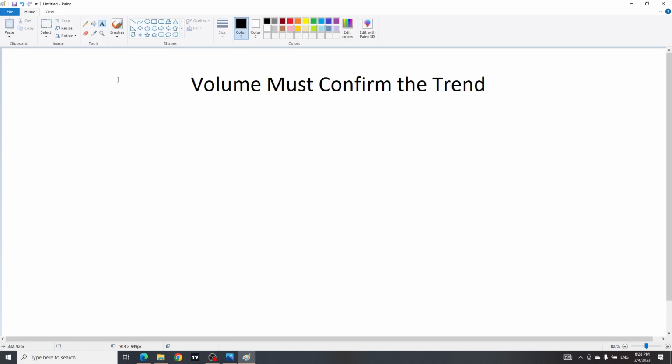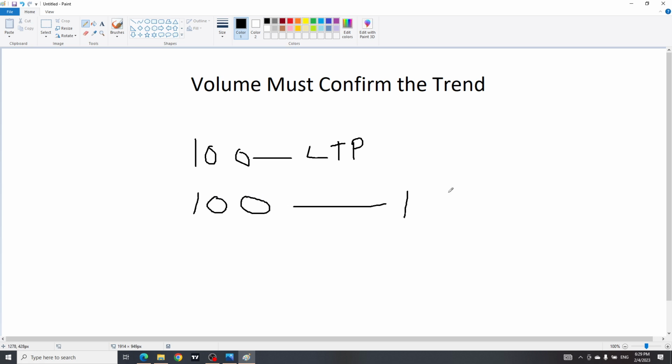Let's always take an example. One stock is trading at 100 rupees, that means this is the LTP, the last traded price. You submitted an order for 100 stocks at 100 rupees.